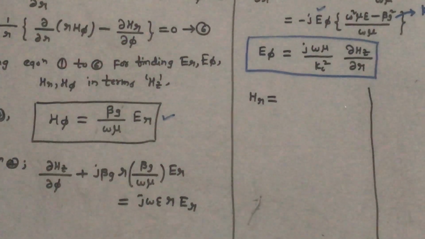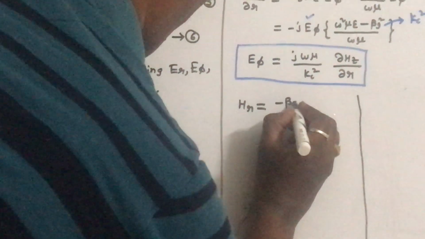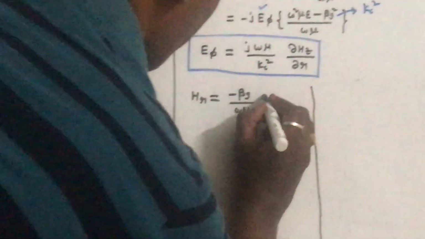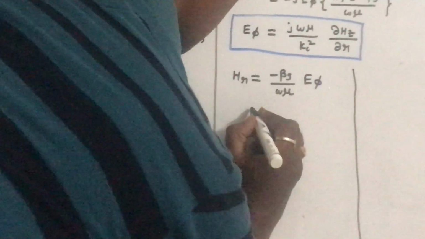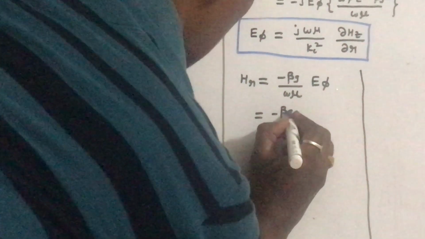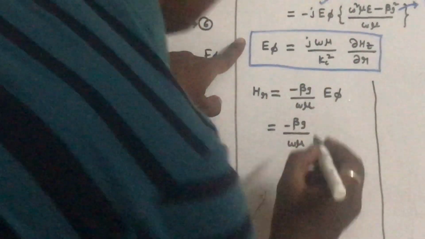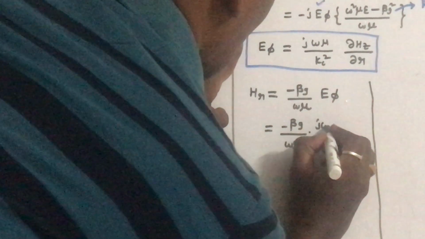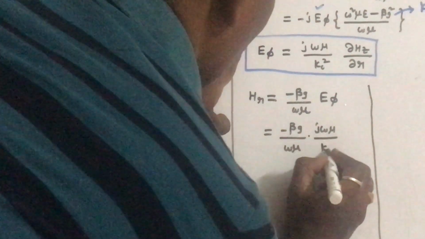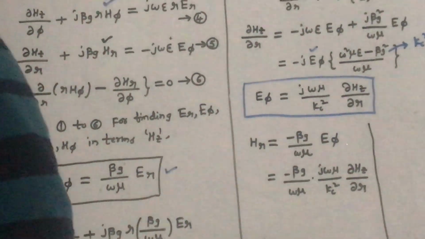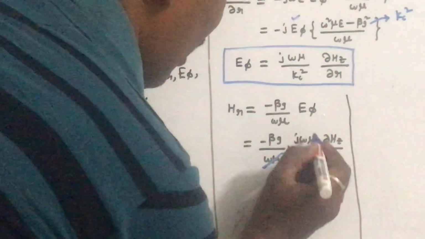Minus beta g by omega mu into E phi. Substitute, what is E phi? E phi is j omega mu by Kc square, cutoff wave number, into dou Hz by dou R. Cancel out omega mu and omega mu.